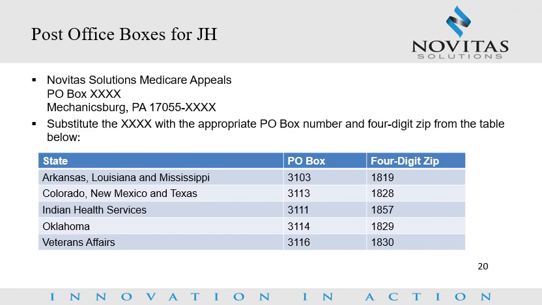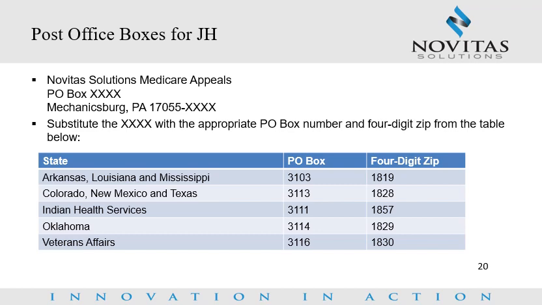For the states of Arkansas, Louisiana, and Mississippi, use P.O. Box 3103 and the extended 4-digit zip code 1819. For the states of Colorado, New Mexico, and Texas, use P.O. Box 3113 and the extended 4-digit zip code 1828. For Indian Health Services, use P.O. Box 3111 and the extended 4-digit zip code 1857.